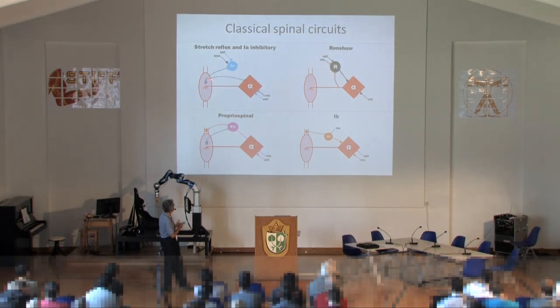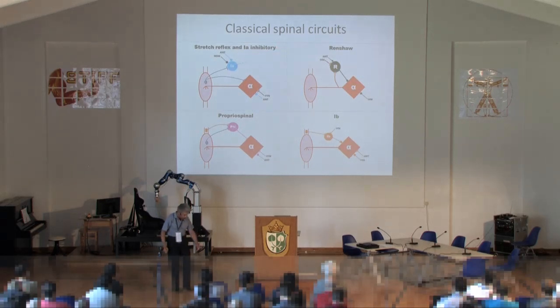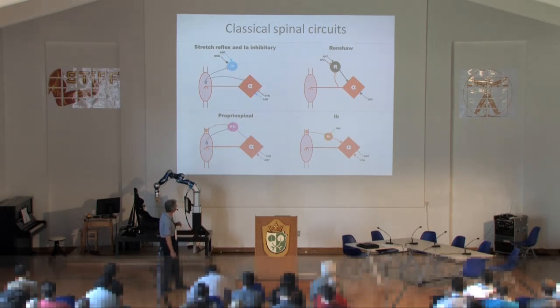This one, in fact, is that stretch reflex that you get when you tap on the leg: you have the stretch receptor in a muscle that has a positive excitatory loop to the alpha motor neuron that controls that muscle's contraction. But it's part of a system that also has projections to the antagonist muscle via an inhibitory interneuron. So not only do you activate the muscle that you've stretched, but you inhibit the muscle that would tend to block the activation that you just generated.